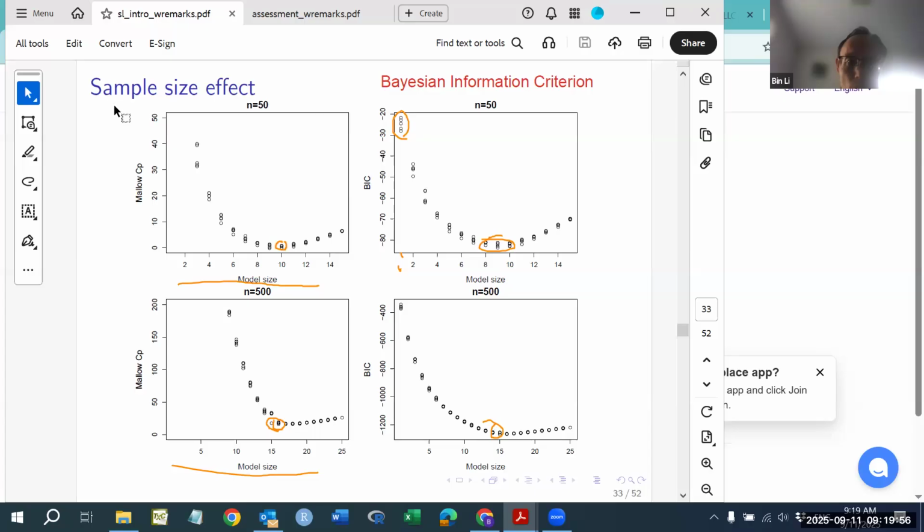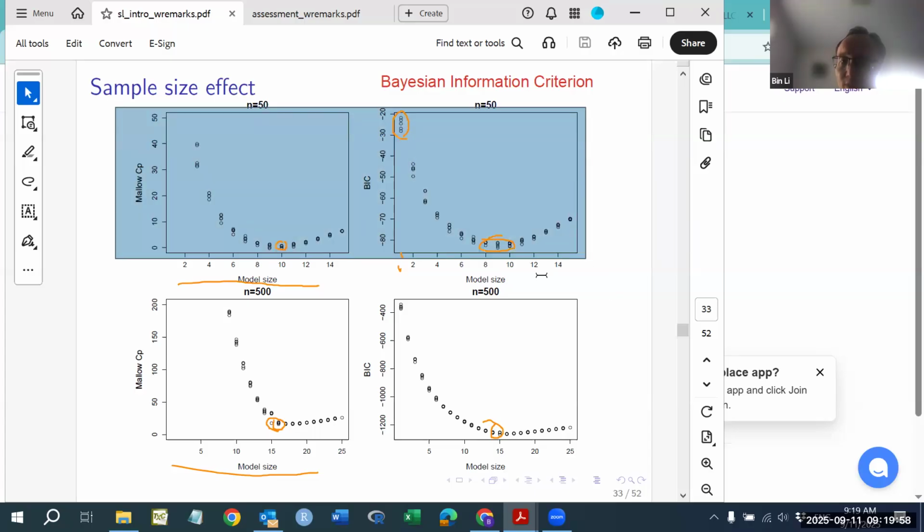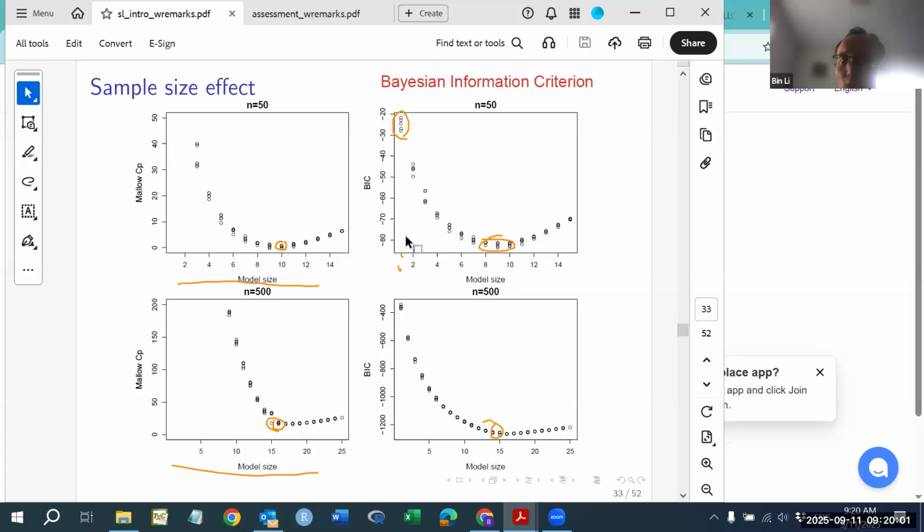When the sample size is 50, you can see the optimal model size is around 10 variables, and for the Bayesian information criterion, it's around 8 to 10. These seem to be the best, right? But what is the true model size? Remember, it's 15, because the response variable is only relevant to the first 15 x variables, since this is a simulation.